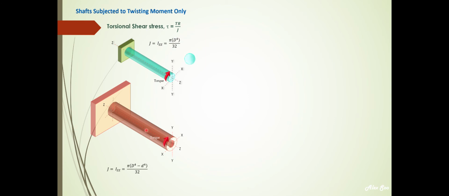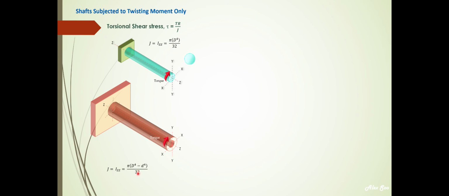So the next case is the hollow shaft. So based on the hollow shaft, as you can see, there's an internal diameter and an external diameter, and the shaft is subjected to torsion, turning moment about the z-axis. So for a hollow shaft, the polar moment of inertia is given as pi over 32 times D to the power of 4, this is referring to the external diameter, minus d to the power of 4, this is the internal diameter of the shaft here.